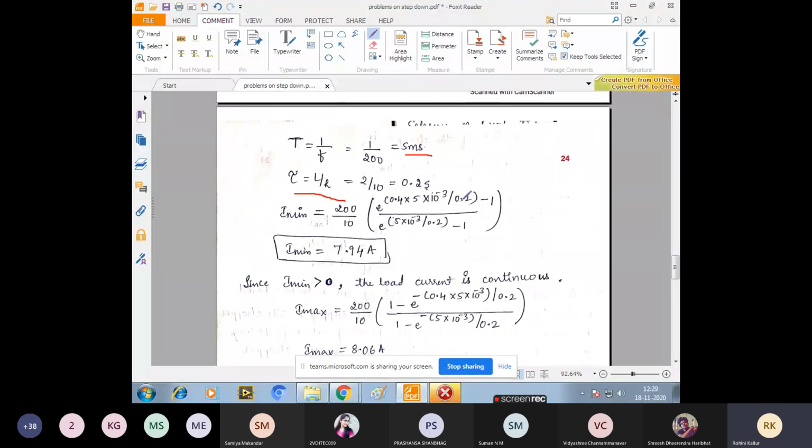Okay. Then this is 0.2. Wherever I have a tau in the equation, I'll be writing this. And this I minimum, or you can write it as I1 equation. This is equation number 2 from the derivation.